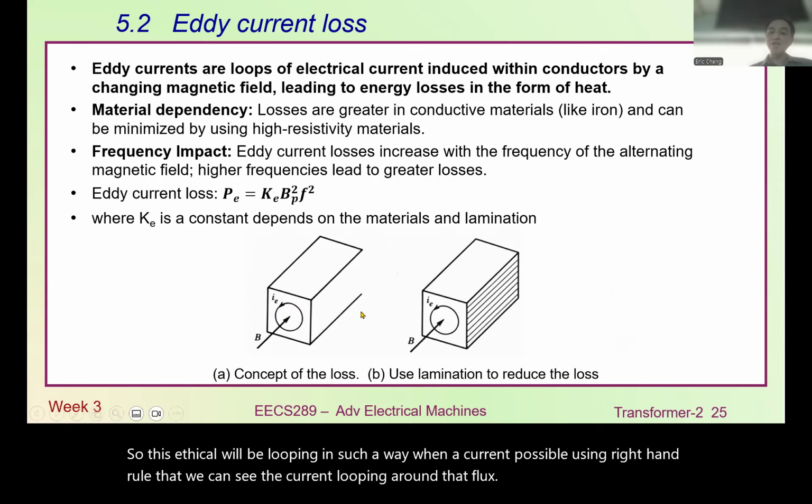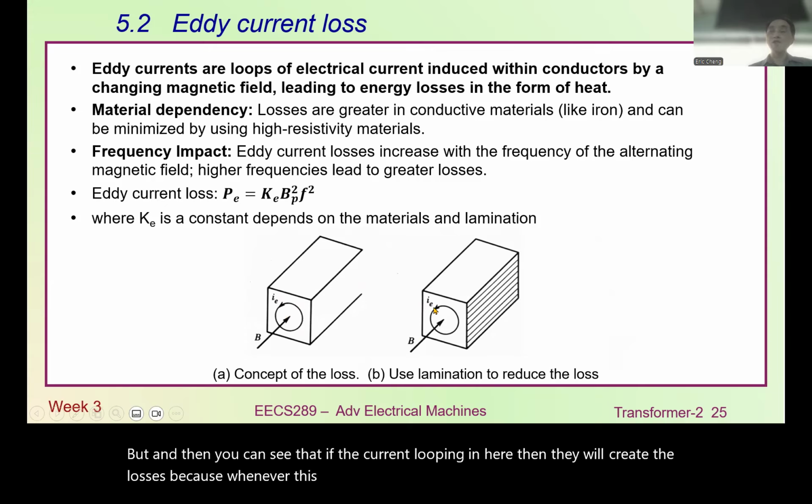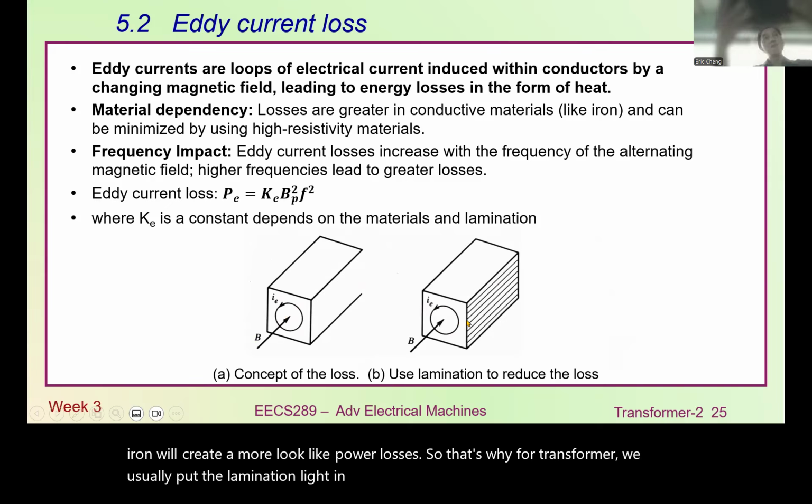And because there is current flowing through the iron, it creates power losses. So that's why for a transformer, we usually put in lamination, a number of lamination plates.